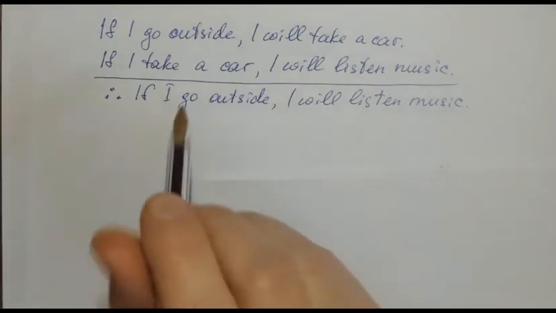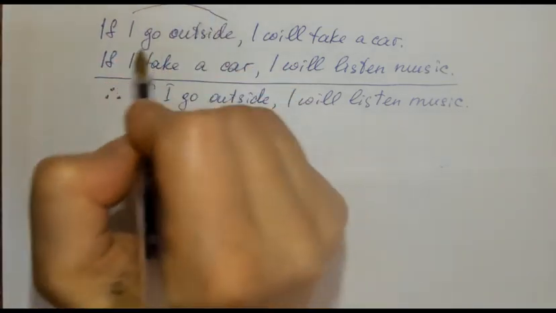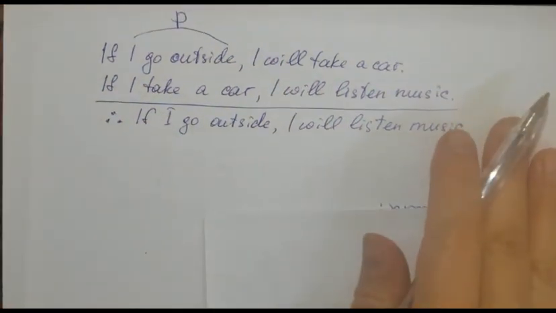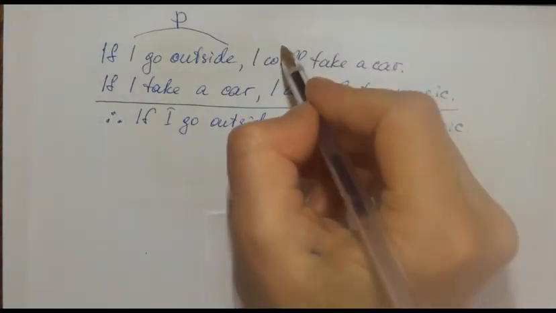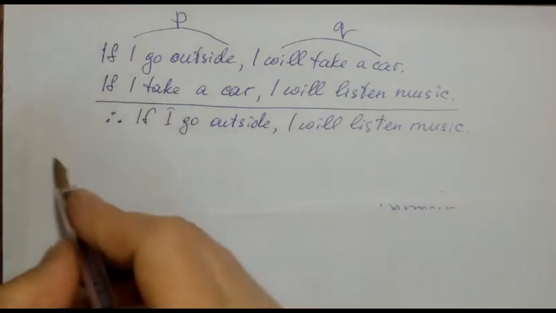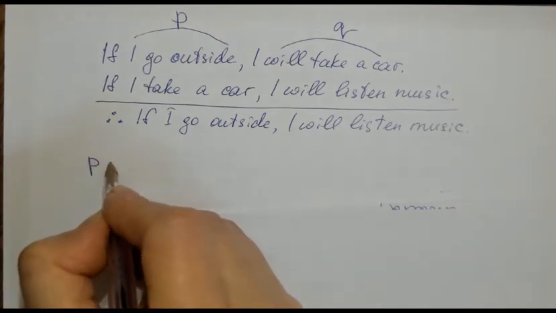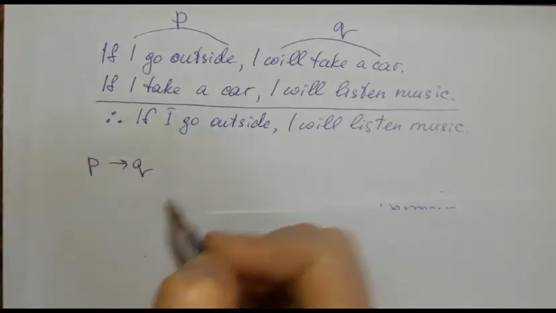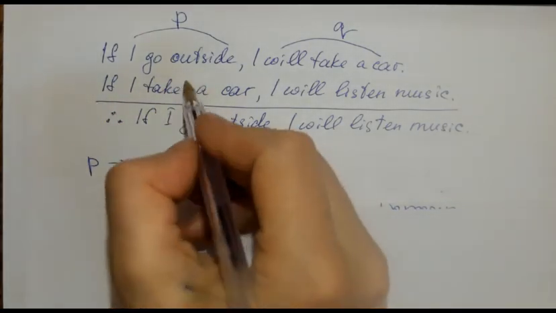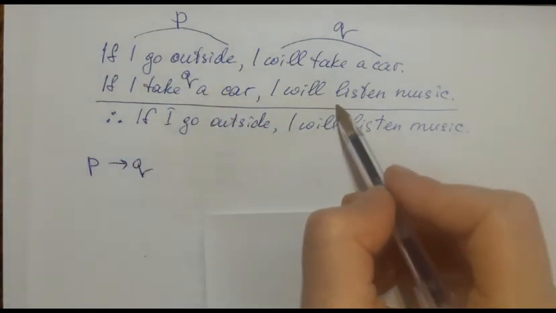We can represent this argument symbolically. Let us call "I go outside" P. "I will take a car" Let us call it Q. So then the first premise can be written symbolically as if P, then Q. Second premise, if I take a car, so this is Q, then I will listen music.